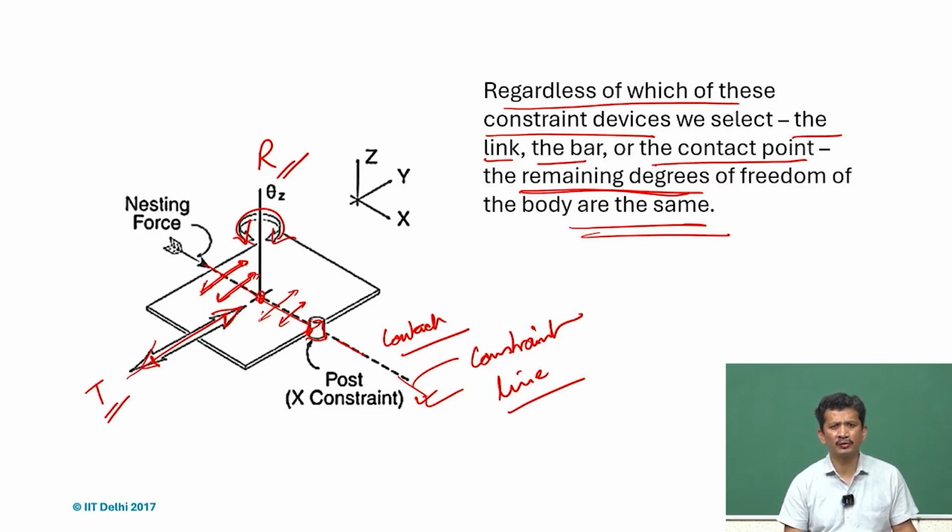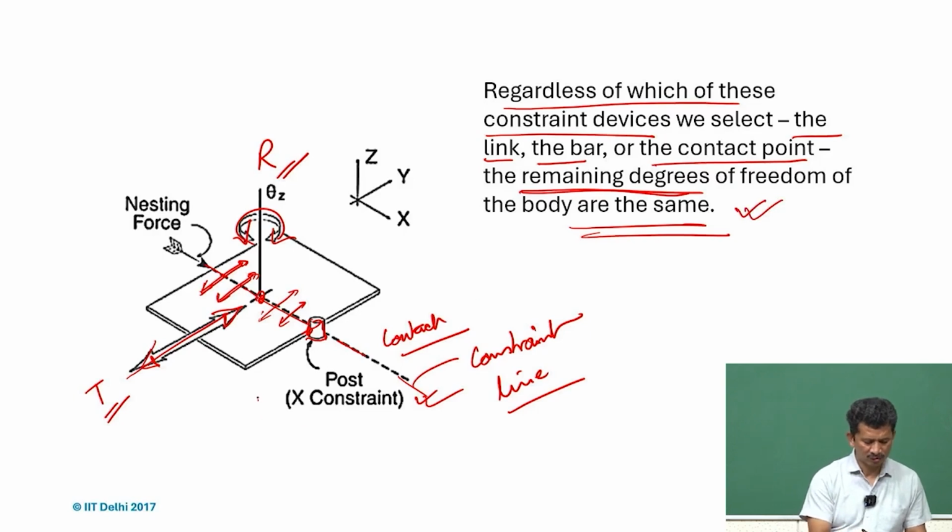We can create a post on the board, on the table, and then try to turn the object. Translation is very easy to visualize, but rotation sometimes is difficult, and for that we can always create some experiments and see for ourselves. So, on the table, on the board, we can try and we can see. In this case, both the rotation and the translation are the 2 degrees of freedom, which will always be there regardless of what means we use here.